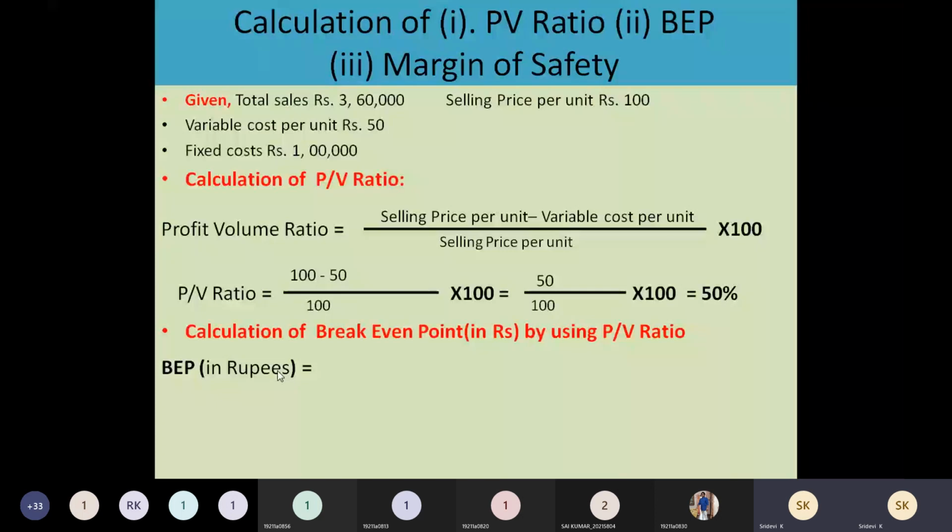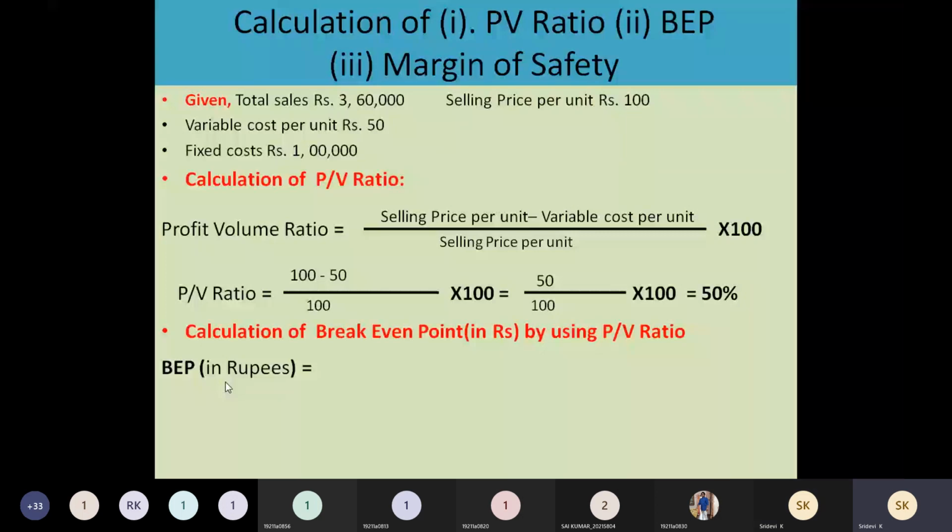Because we need to calculate margin of safety, and here total sales was given in rupees, no? So better you calculate BEP in rupees. Don't go for more calculations. Simplify it. If total sales is given in units, then you calculate the BEP in units by taking the units formula.